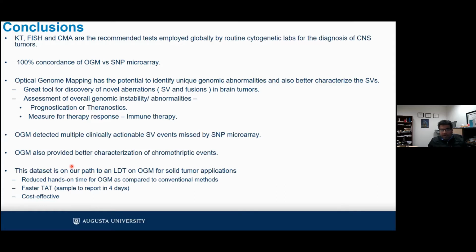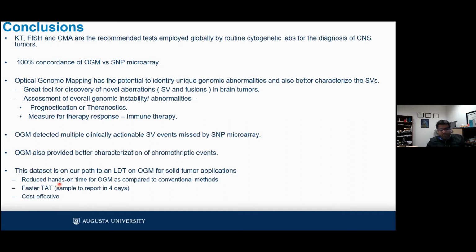And I think if this journey continues with the bigger data set and the concordance stays at this level, we definitely have a chance to adopt optical genome mapping as a true alternative for assessment of adult brain tumors based on the WHO guidelines. And there are, I think, at least three major advantages.